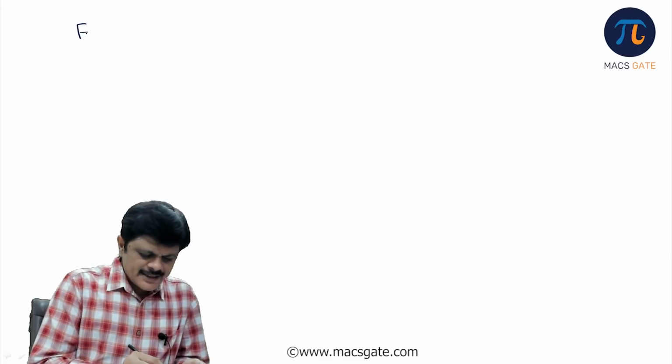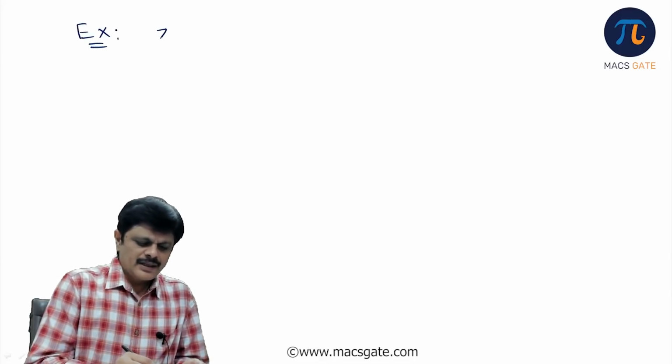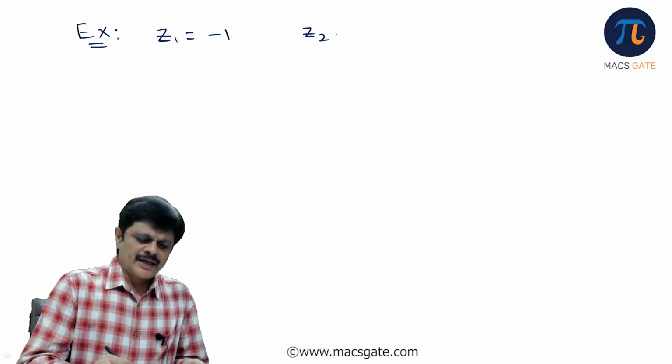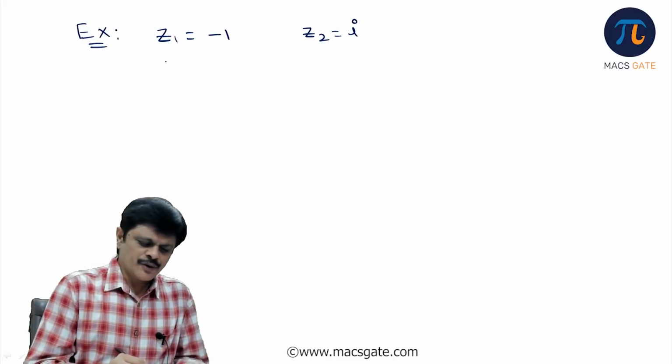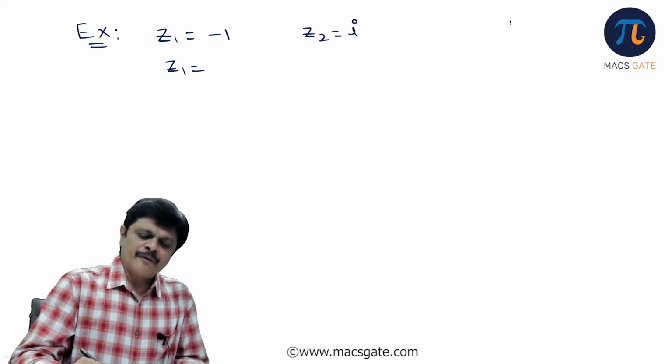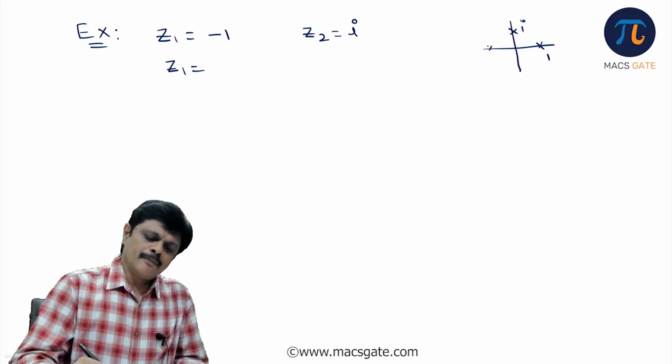Now consider the following example, sir. Z1 is minus 1 and Z2 is i. You all remember I gave 4 important points: 1, i, minus 1, minus i. i can be written as e power i pi by 2, minus i can be written as e power i into minus pi by 2, and minus 1 can be written as e power i pi.